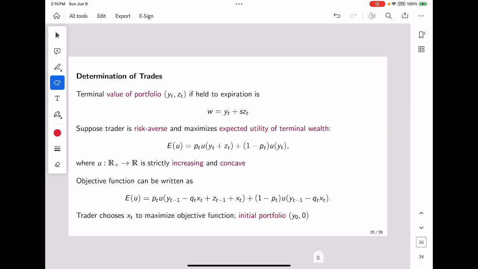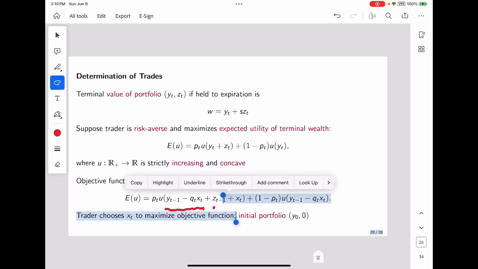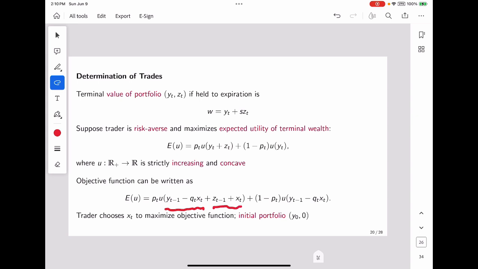Now you can write this objective function explicitly in terms of XT by just observing that YT is just going to be YT minus 1 minus whatever you pay to buy the new contracts, and ZT is just going to be equal to your inherited contracts and anything you add to that by purchasing XT, and so on. And so you choose XT just to maximize this expression.